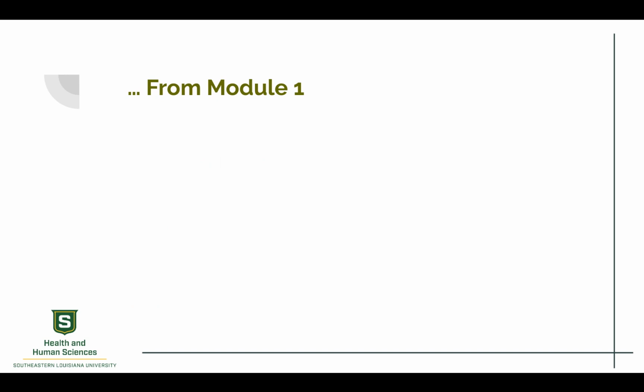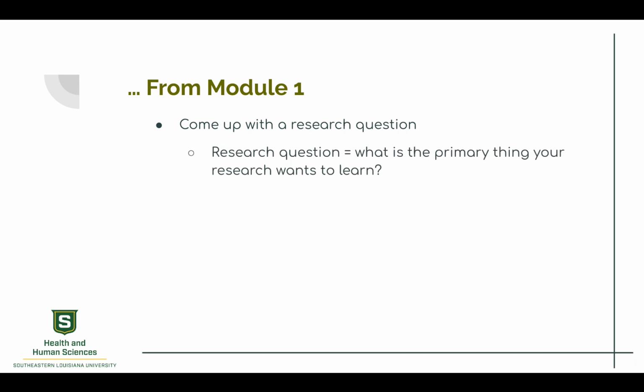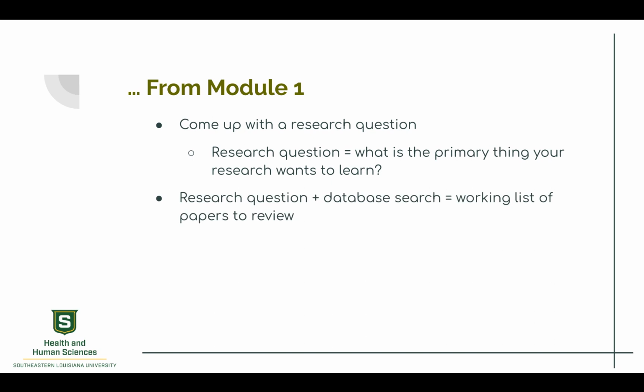Before I go into that, you would remember in Module 1, we talked about how you need to come up with a research question when you are doing your literature search or your search for information. I said that research question is basically the primary thing your research wants to learn, and research question plus database search gives you a working list of papers to review.